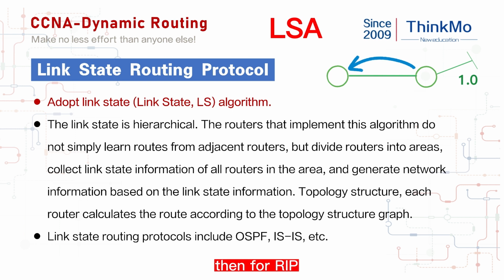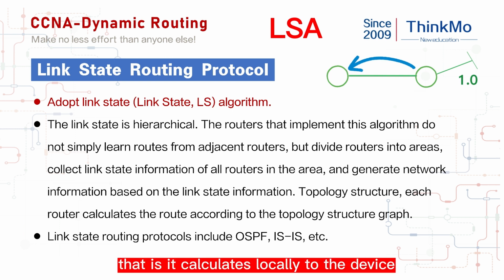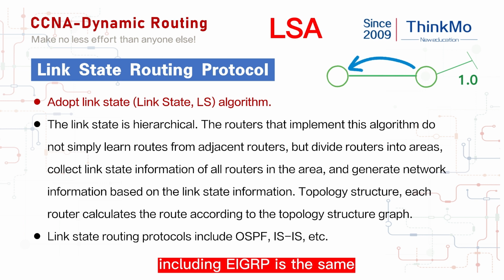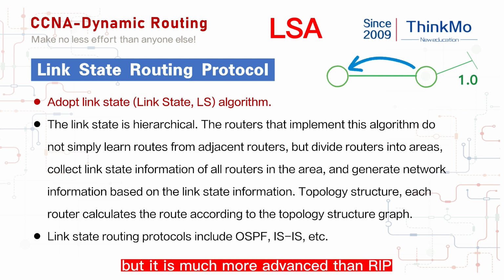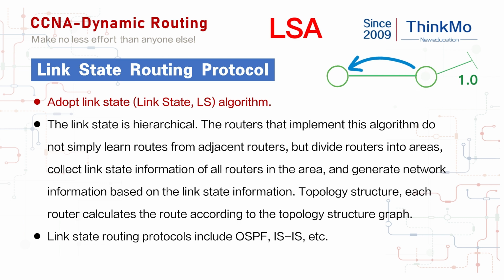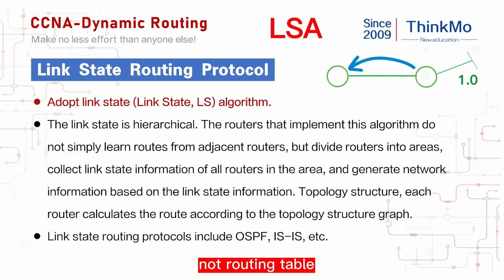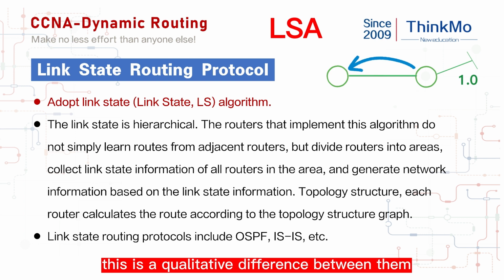Then for RIP, it calculates locally and gives the device the result, and the device uses it directly. Including EIGRP is the same. But it is much more advanced than RIP. That is to say, link state information is just a link state, not a routing table. RIP transfers the routing table. This is a qualitative difference between them.